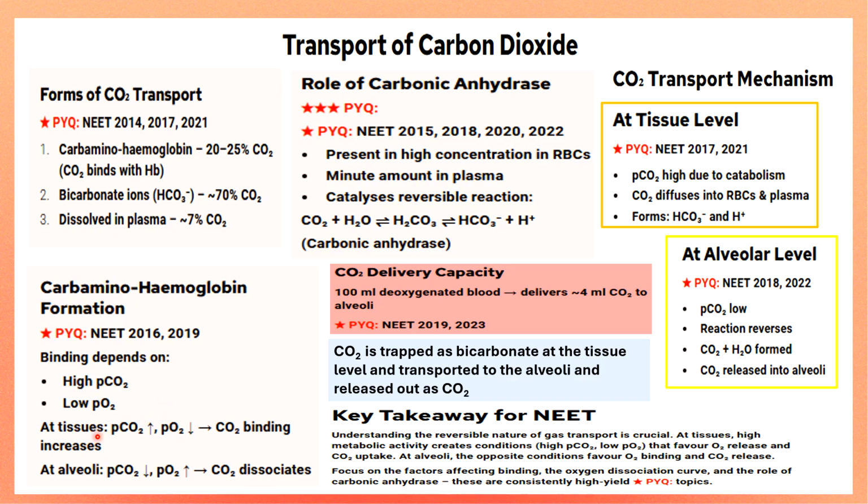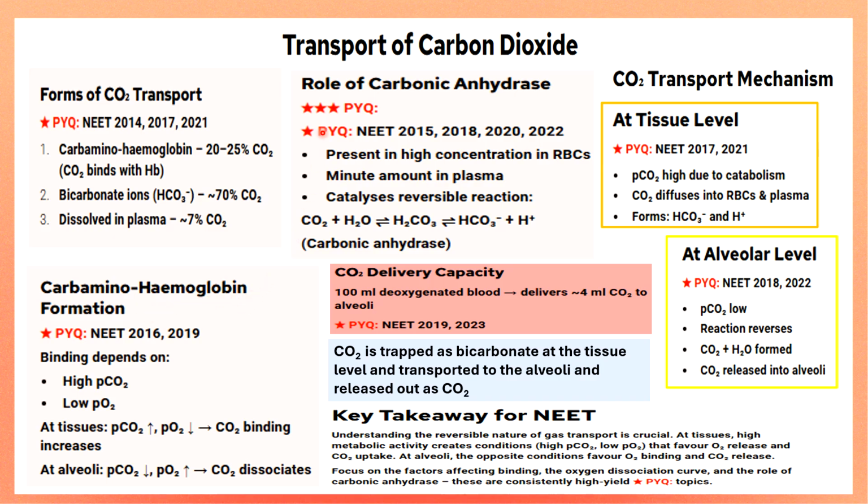So if you see at the tissues level, the partial pressure of carbon dioxide is very high, and this leads to the binding of the carbon dioxide with the hemoglobin. Now at the alveoli level, if you see, partial pressure of carbon dioxide is less, so dissociation of carbon dioxide and hemoglobin takes place, or dissociation of the carbaminohemoglobin complex takes place.